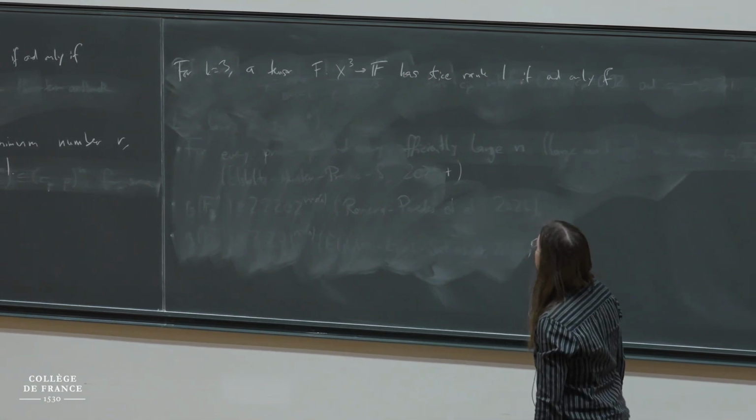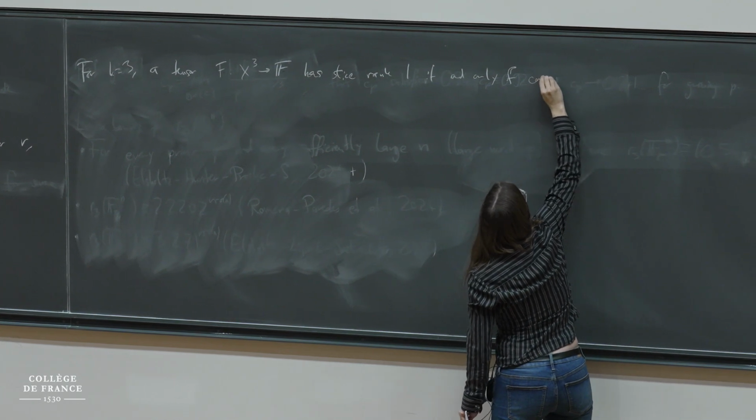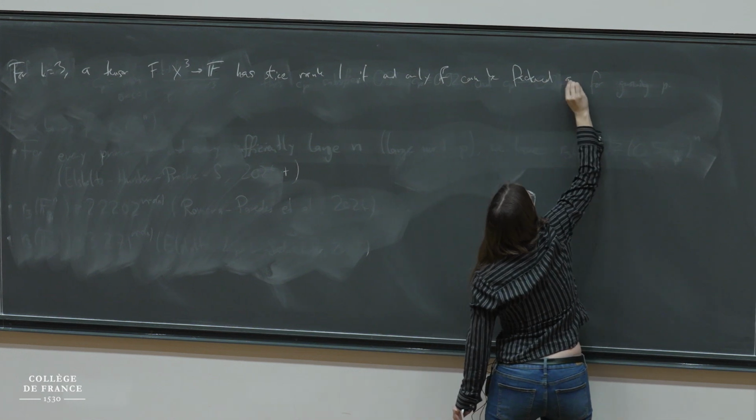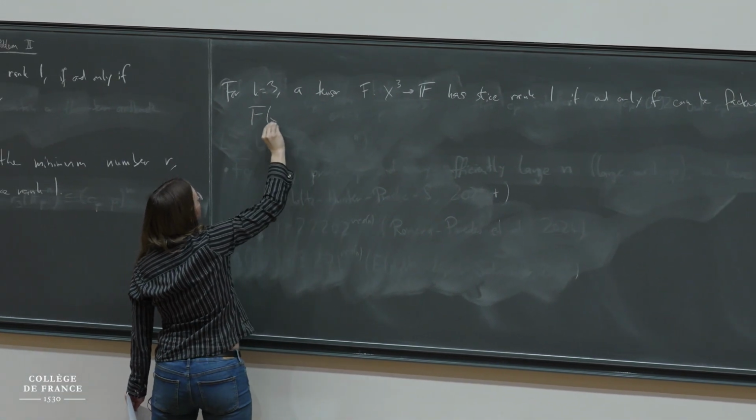So for k equals 3, a tensor has slice rank 1 if and only if it can be factored. We have 3 variables, so let me call them x, y, z.